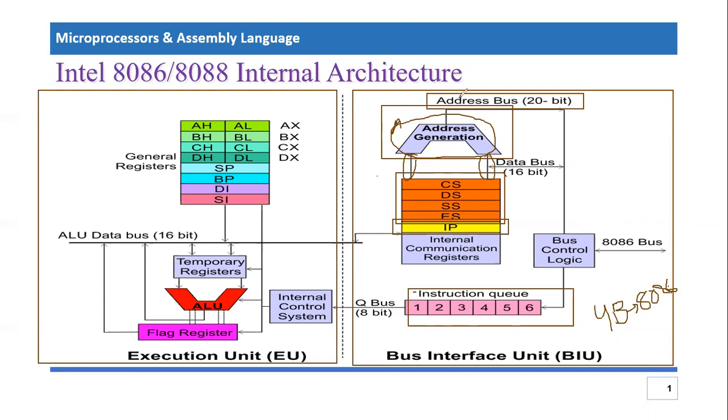So this is connected to the external world. This is connected to external memory, and this is an address generation procedure, which we will discuss in coming tutorials, in which we learn how two 16-bit values are added to generate a 20-bit address.